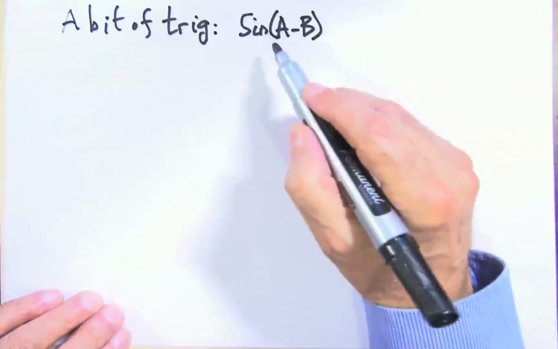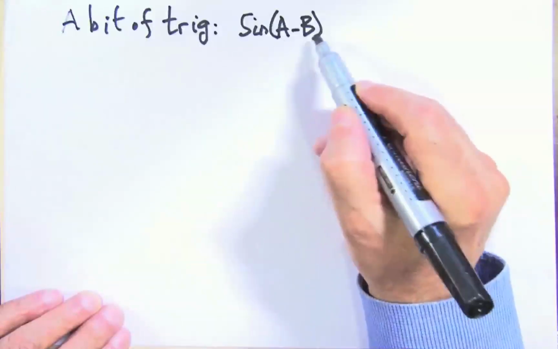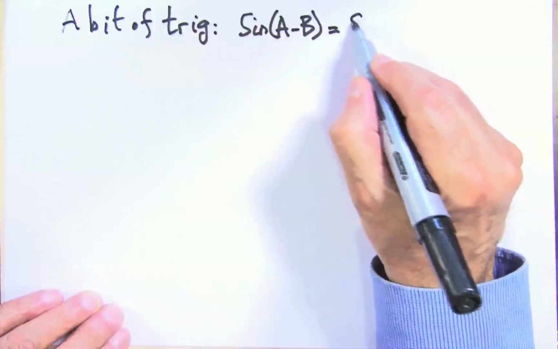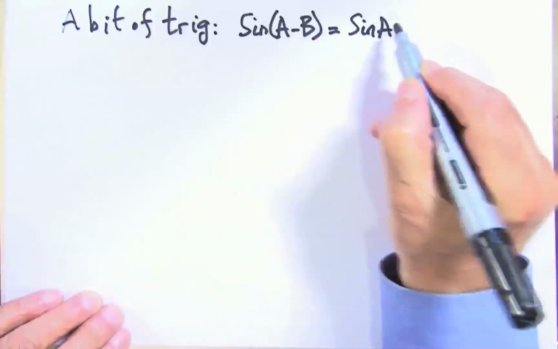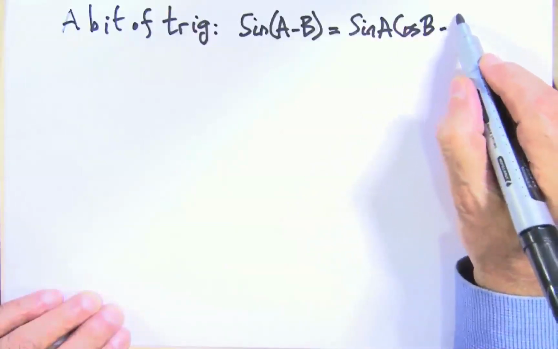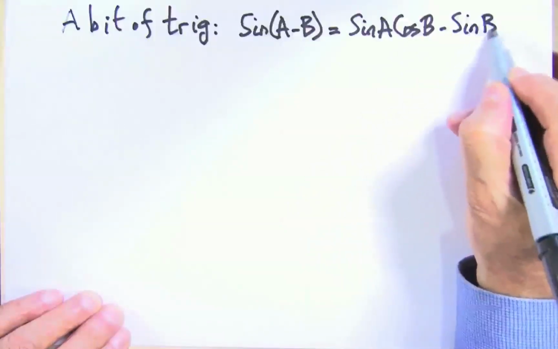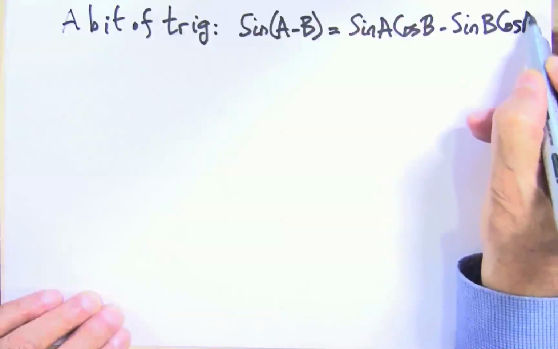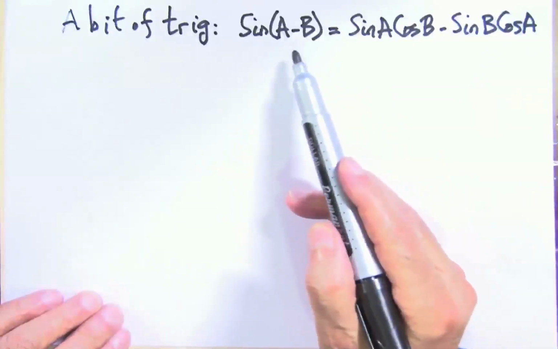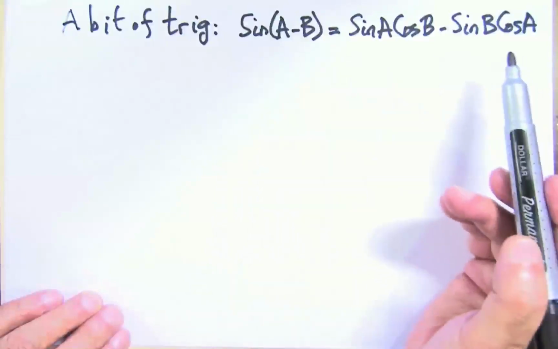If I have the sine of a difference of two angles, A minus B, that's sine A cosine B minus sine B cosine A. And one way I always check is that suppose A is equal to B, the left side is 0, is the right side 0?